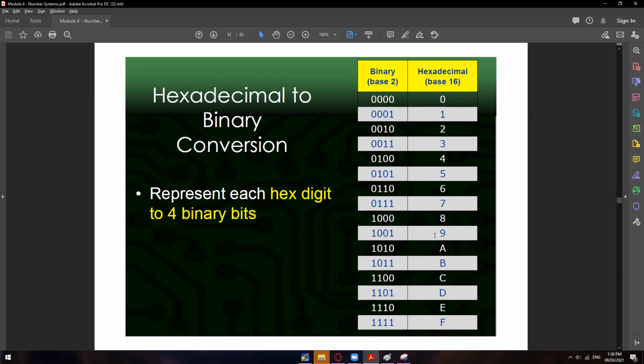Once it reaches the value of 10, which is 1010, it is equal to letter A, and 1011, which is 11, is equal to B, and so on, up to 15, 1111, which is equal to letter F.